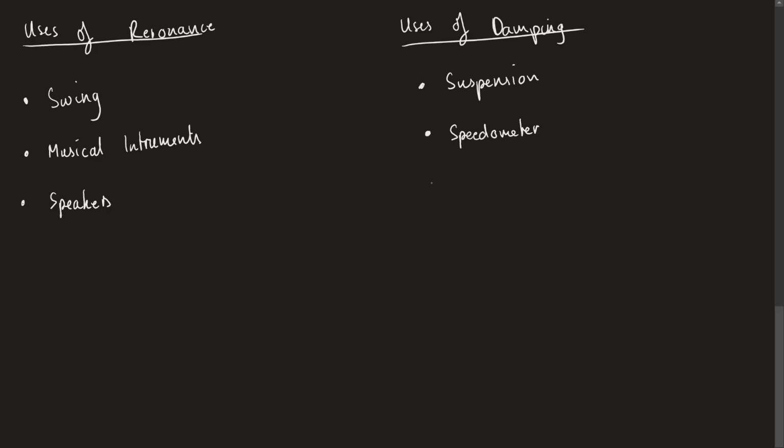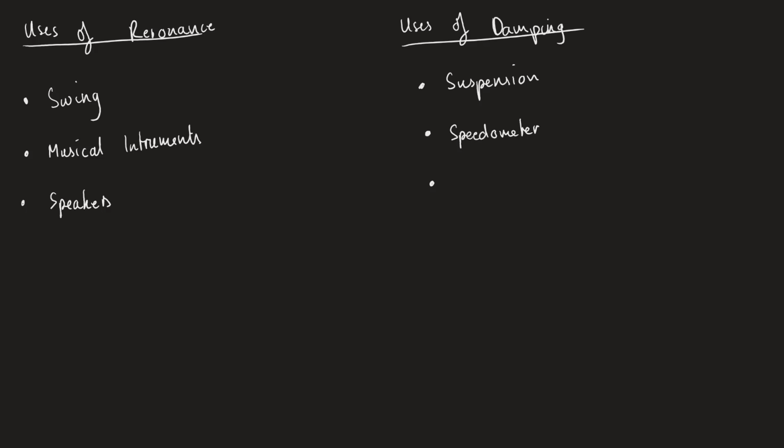The final example that I think you would encounter in everyday use is door stops. If you've ever noticed the doors at school, maybe even your doors in your house, you'll probably find that some doors will close very smoothly.